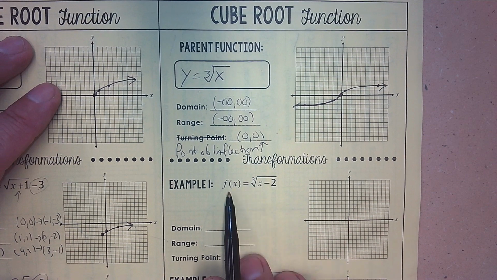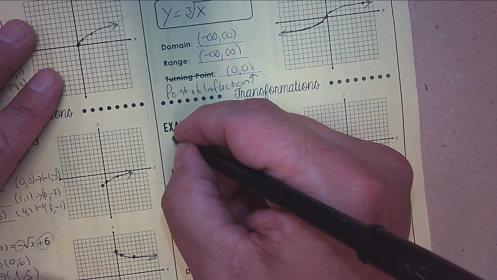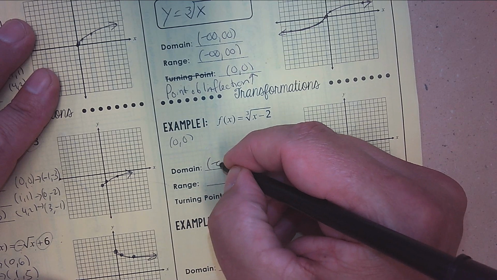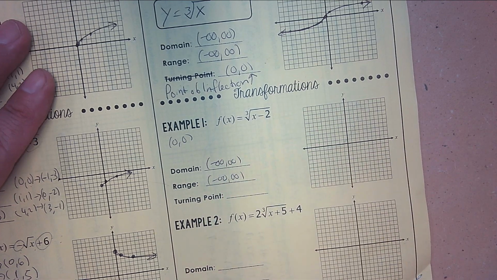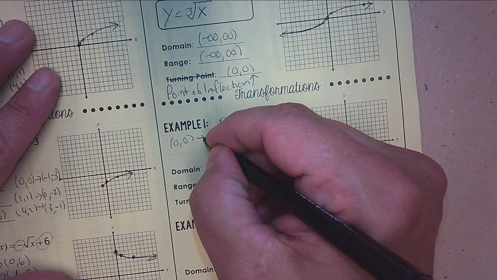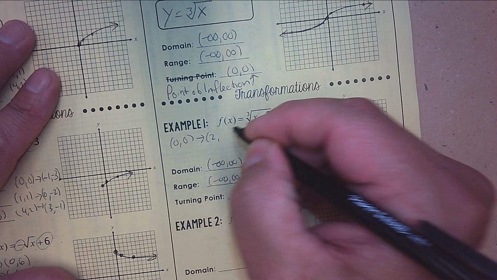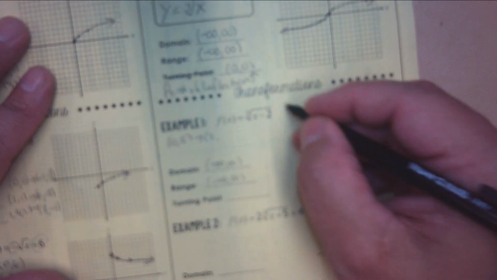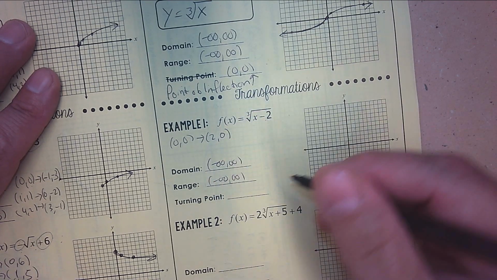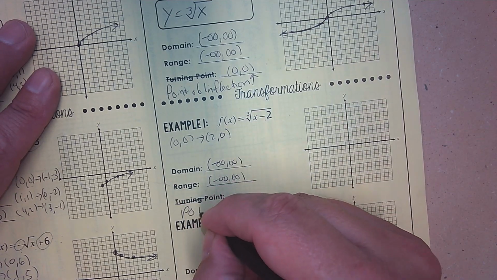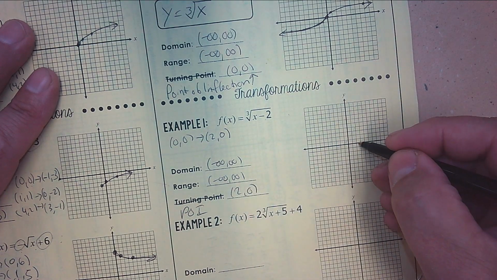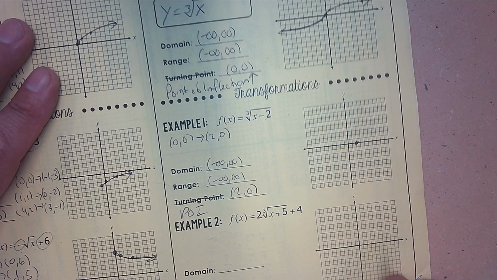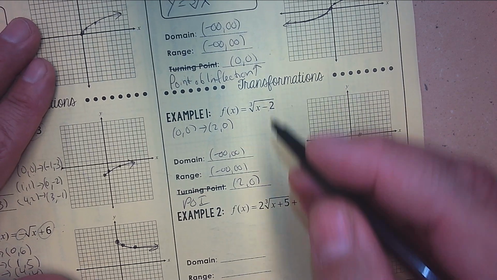So if we want to transform it, by the way, the domain and range never change for a cube root, it'll be all real numbers. But 0, 0, look inside, we're going to add 2 to the x, but outside, like in front or behind it, stays the same. So our point of inflection is at 2, 0. We need some other points.